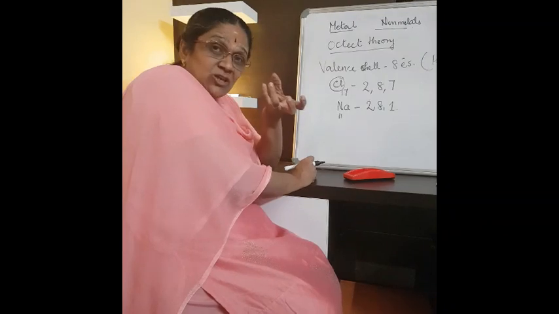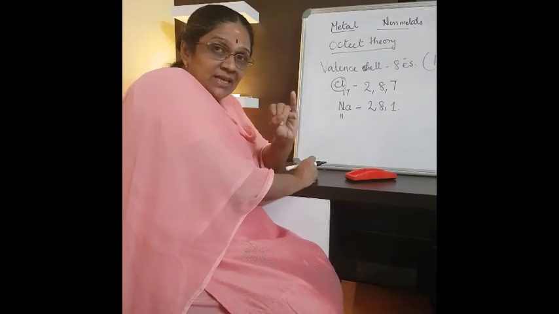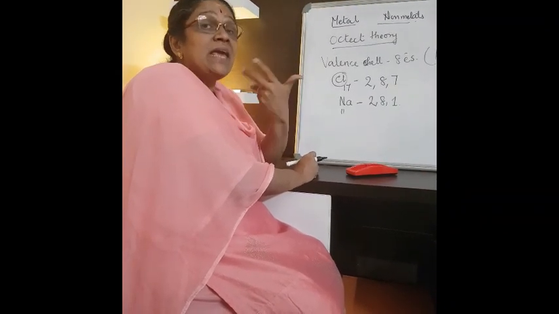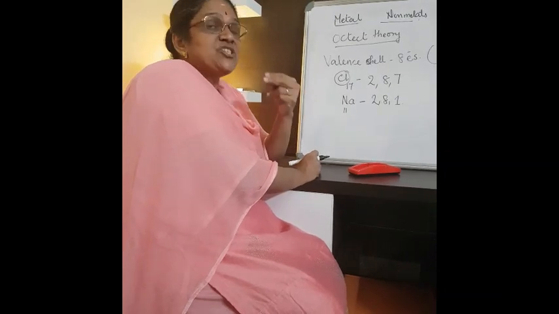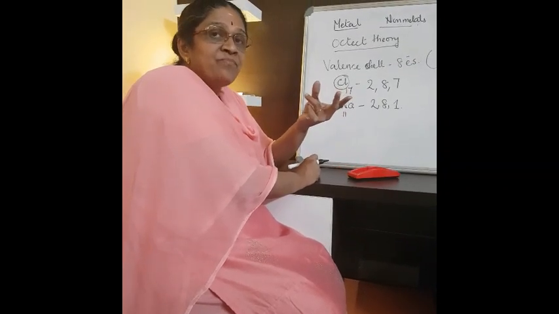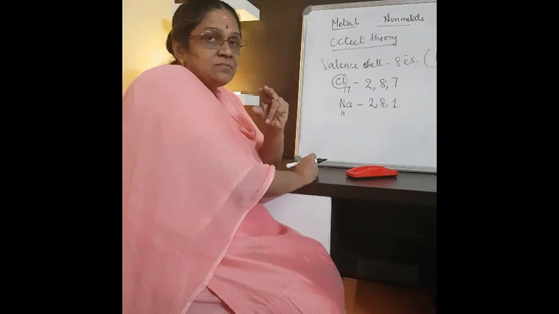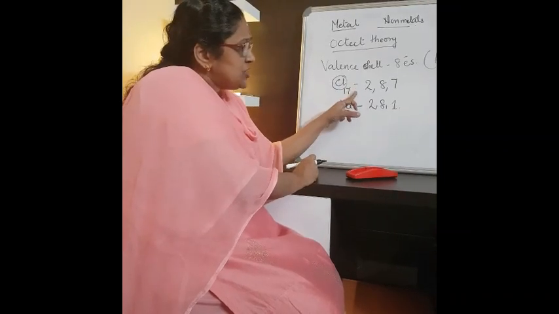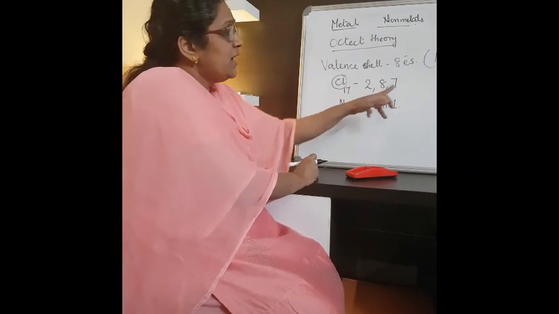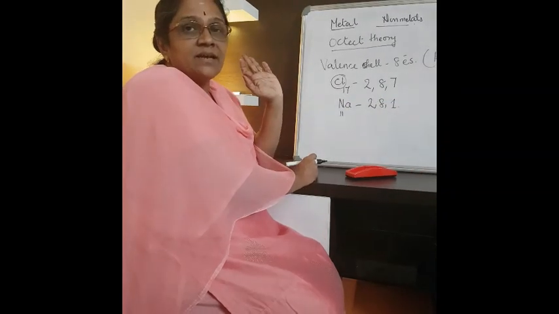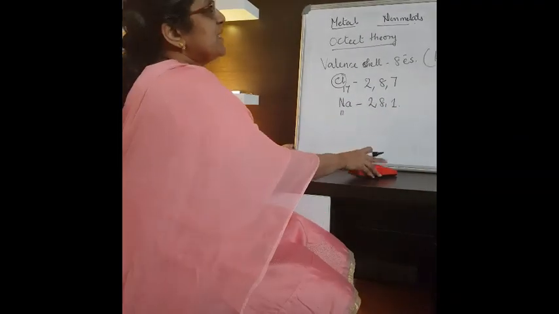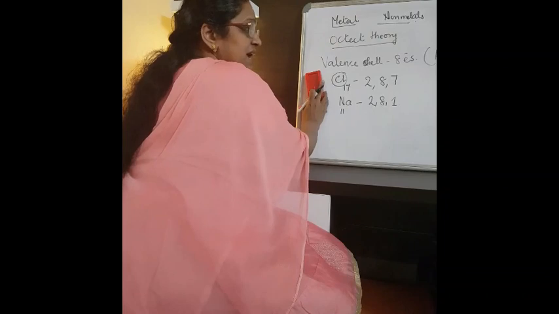Valency is the capacity of an element to gain, lose or share an electron. That is why it forms that octet, and that is why all these metals and non-metals react.